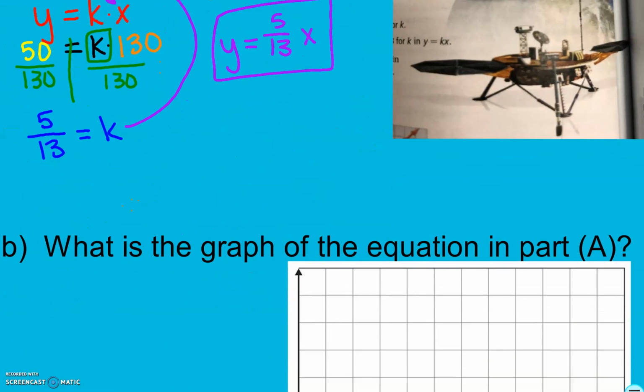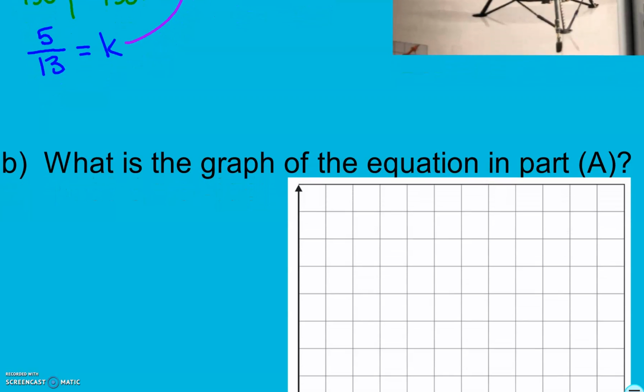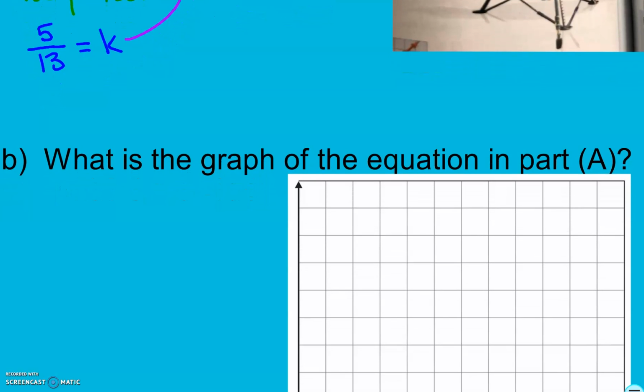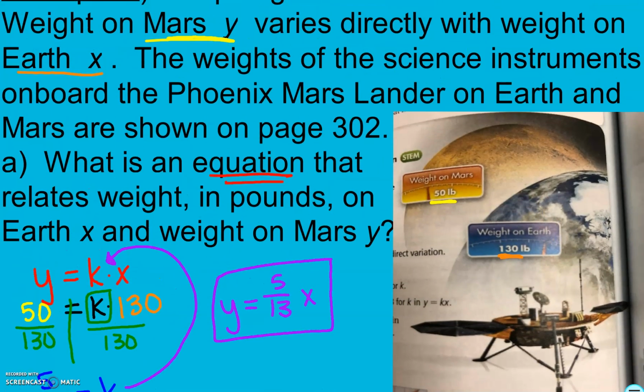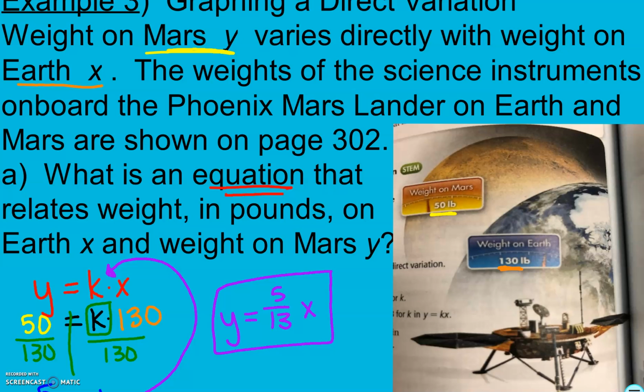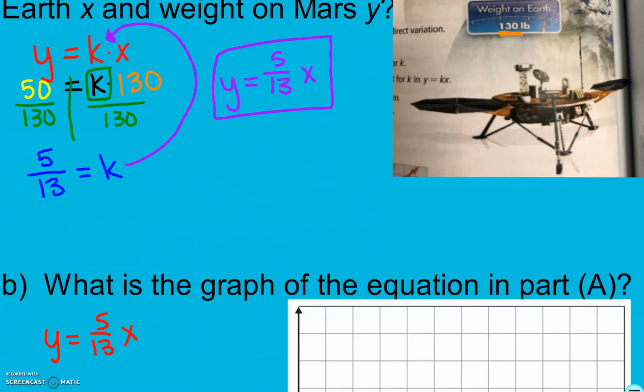In part B, it asks, what is the graph of the equation in part A? Here, we can use our function y equals 5 over 13x and the information it gives us. So it tells us that weight on Earth is x and weight on Mars is y.